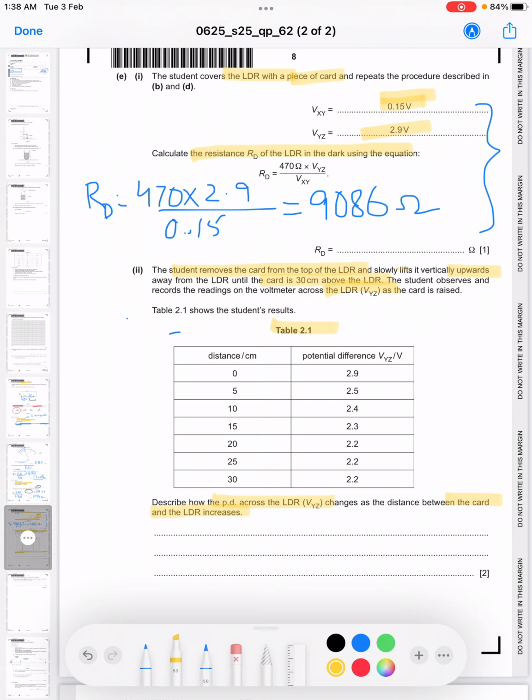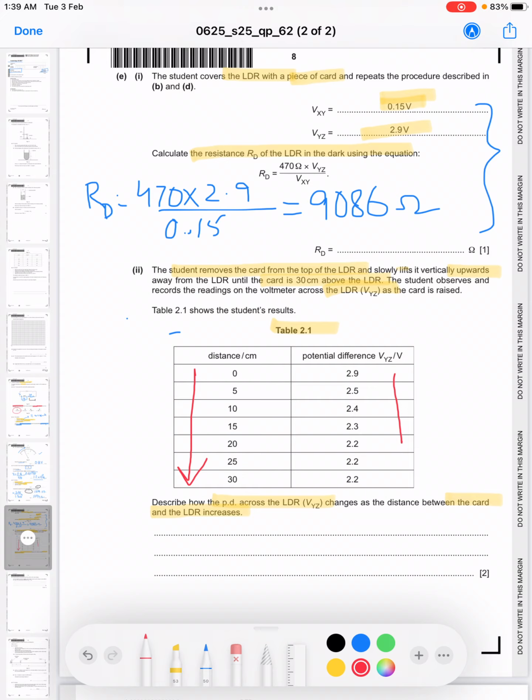So basically students, you can see that in this part the distance is increasing as the card is moving away, right? And the potential difference is decreasing.